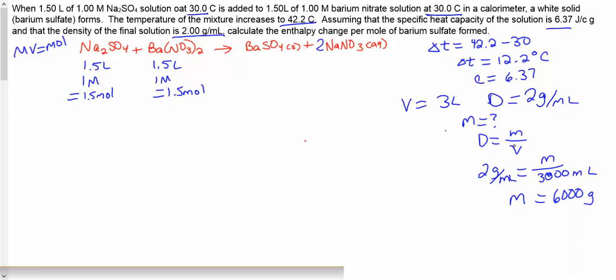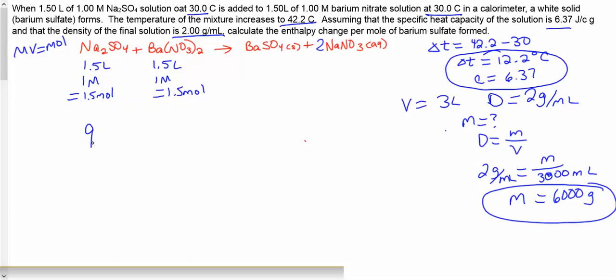Now that we have M, C, and delta T, we have enough to find the heat for this reaction. Q for this reaction is equal to MC delta T. So we have that our mass is 6,000 grams, our specific heat is 6.37, and our delta T is 12.2.